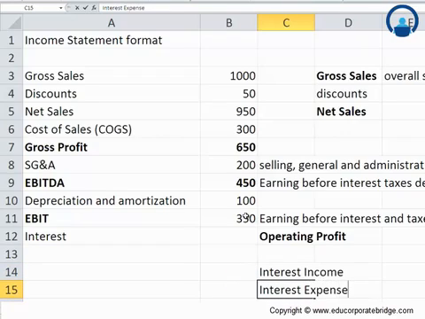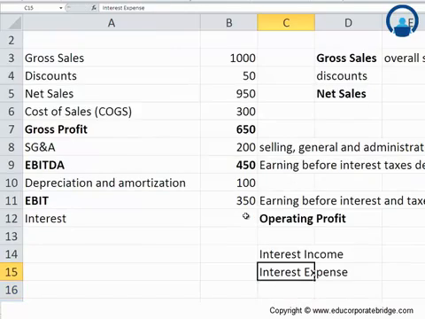Now interest income can actually be a part of the income statement when you will find that there are short-term investment deposits or various certificates of deposits which a company may have made, and they are earning interest on that. Interest expense actually comes when, for performing a business or buying an asset, the company may require some capital infusion, and for that capital infusion in the form of debt or loan, the company may have to pay interest.